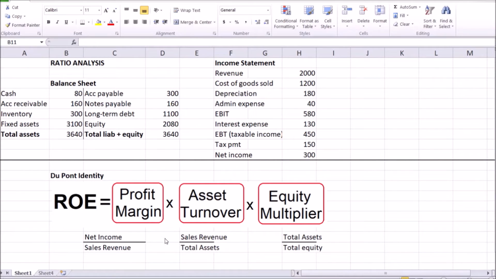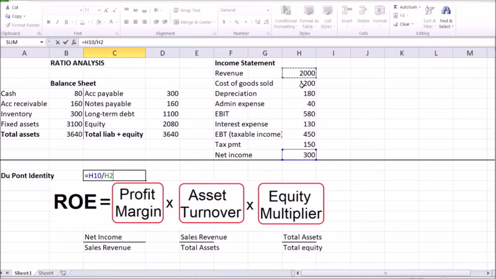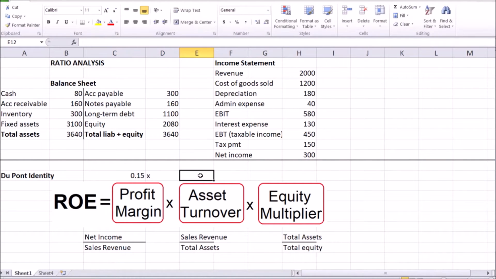And to throw in the numbers for our particular example, let's say we have a balance sheet at the top of the screen on the left and an income statement at the top of the screen in the center. Profit margin is, of course, the ratio of net income or profits to sales revenue, which is 15% in our case, multiplied by the asset turnover, a ratio of sales revenue to total assets.